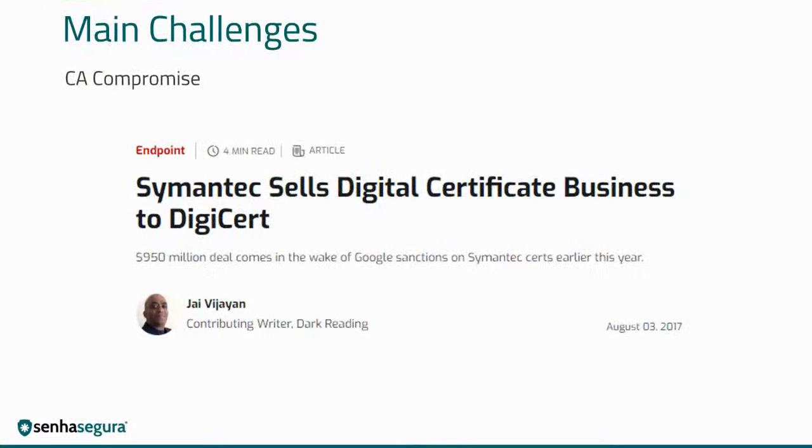Also, the certificate authority can be compromised, and this is an interesting fact that obliged Symantec to sell their digital certificate business to DigiCert, especially because of the sanctions that Google imposed because of this incident. Symantec had to close their business, or at least sell the operation to another company.